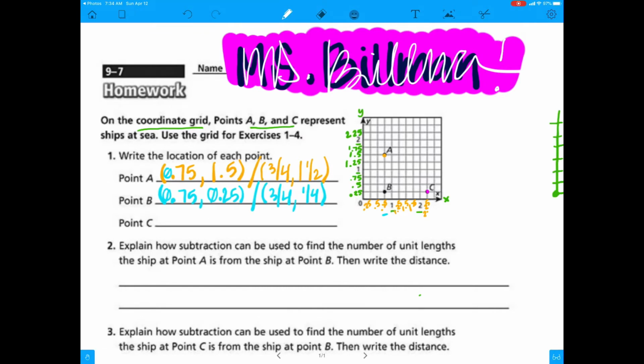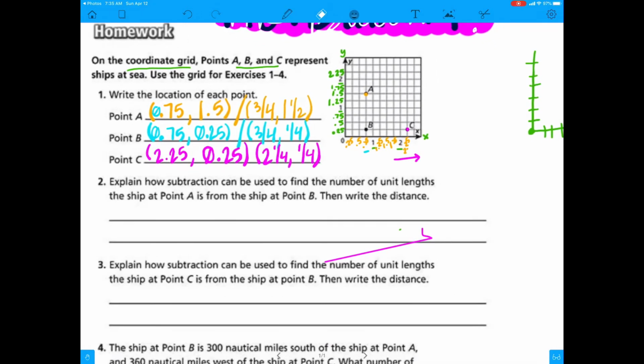Point C, I go all the way over to 2.25 or 2 1/4, depending on whether you're using decimals or fractions. And the Y coordinate is 0.25, which it shares with point B.